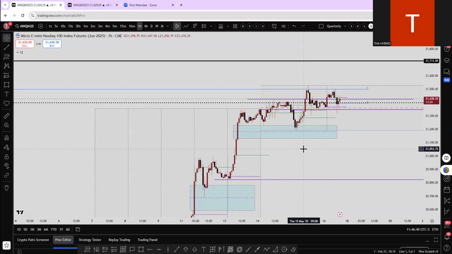We want to know what is validating our bullish order flow, what's validating our daily bias, or is it invalidating it? So you don't need to think of 1,000 things. You don't need to mark up 1,000,000 key levels.